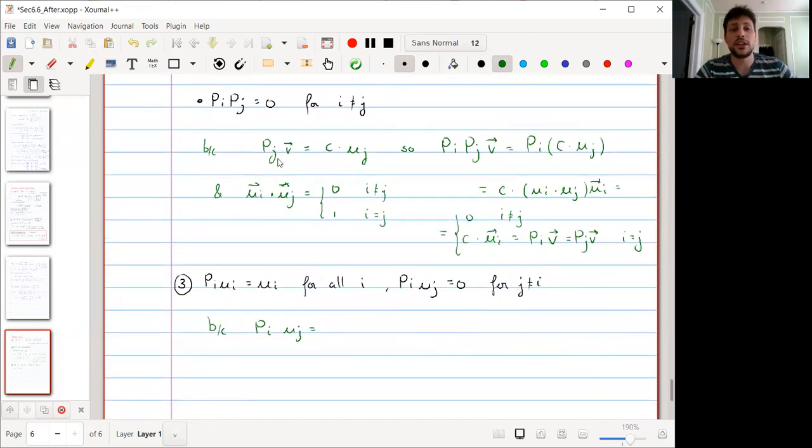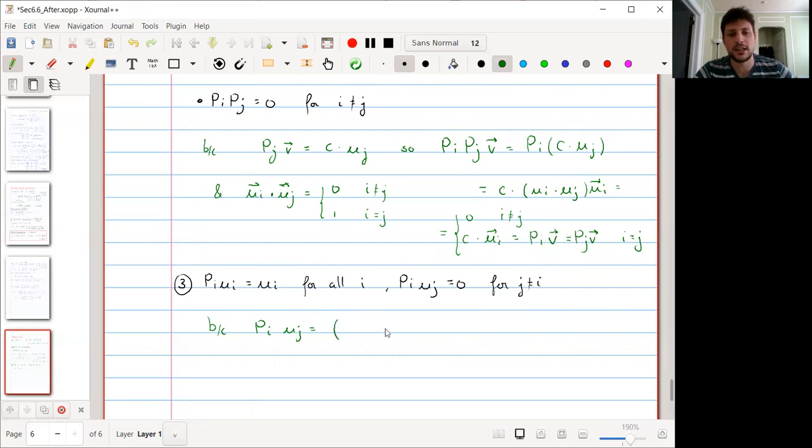With the same reasoning, we see that if I try to project one of the eigenvectors, I get back itself if I project onto the same eigenspace. So pi ui is ui, but pi uj is 0. It's the same sort of computation.